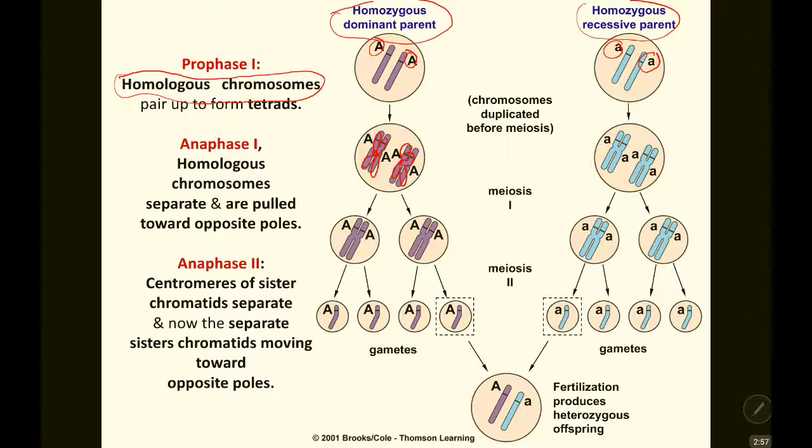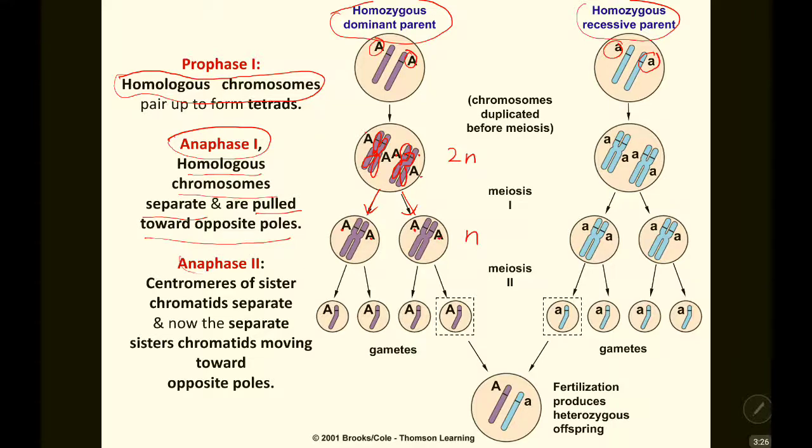Okay, so they form the big A, big A, big A, big A, because later they want to separate into different gametes. During anaphase 1, homologous chromosomes separate and pull towards opposite poles. So now this homologous chromosome pair has already separated. So from diploid they become haploid now. Okay, so the big A, big A, big A, big A is here.